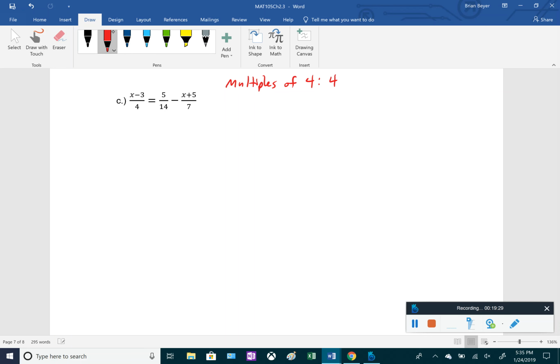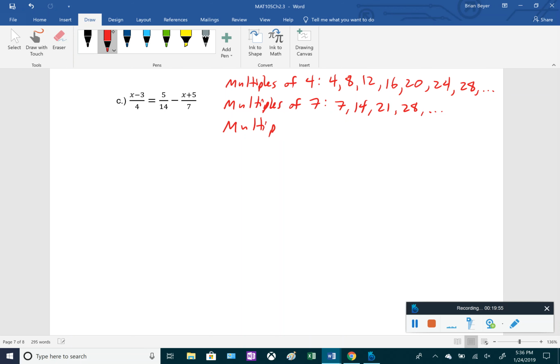Multiples of 4, that's going to be 4, 8, 12, 16, 20, 24, 28, and so on. The multiples of 7 are going to be 7, 14, 21, 28, and so on.